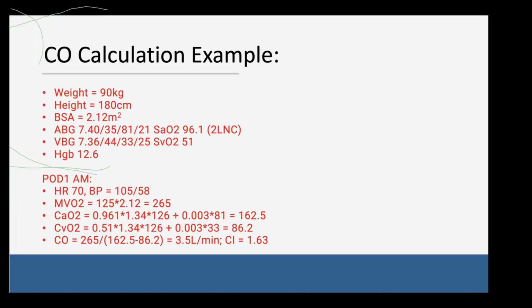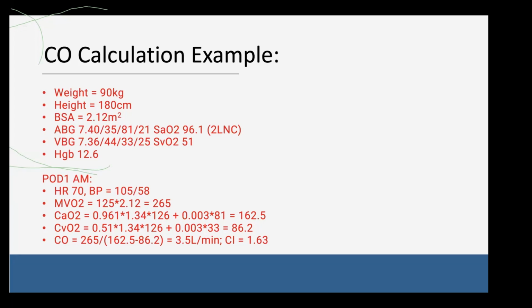And if we were to do this calculation again, the oxygen consumption again is 125 times 2.12, which is the BSA, and we get 265. The CaO2 is now 0.961 from a SaO2 of 96.1 times 1.34 times 126 from our hemoglobin converted to grams per liter, plus 0.003 times 81, which is our PaO2, is 162.5.